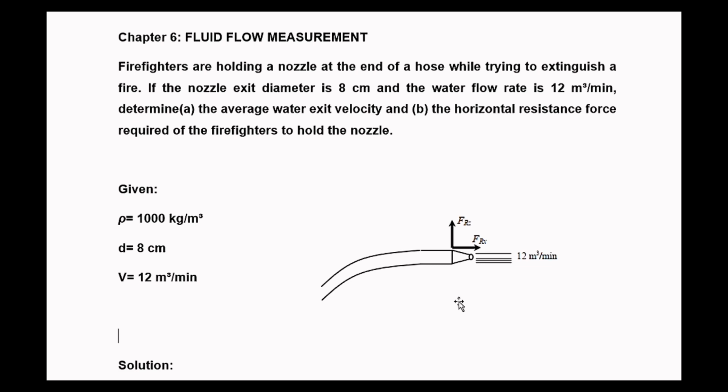So we need to take first the density of water to be 1000 kg per cubic meter, and also we have the given diameter of 8 cm and the volume flow rate of 12 cubic meter per minute. We take the nozzle on the horizontal portion of the hose as the system such that water enters the control volume vertically and outlets horizontally.